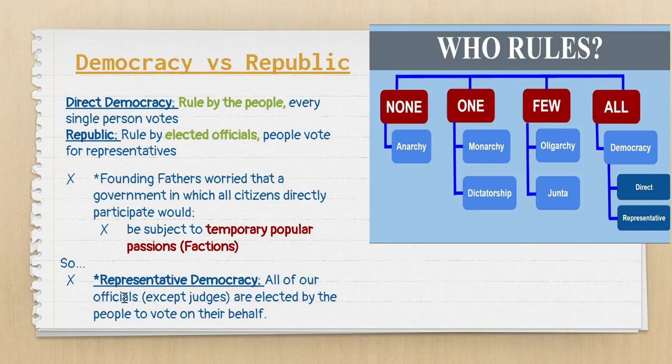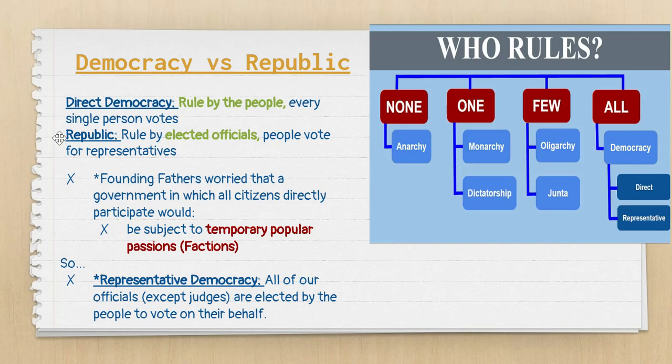Whenever you are asked what type of government America has, it's a representative democracy, which means all of our officials, except for judges in most cases, are elected by the people to vote on their behalf. So what that means is it's similar to a republic, but we elect for every single representative who represents us in the government. We elect our representatives, we elect our senators up until the 17th Amendment, but we elect pretty much everybody who represents us in the government.